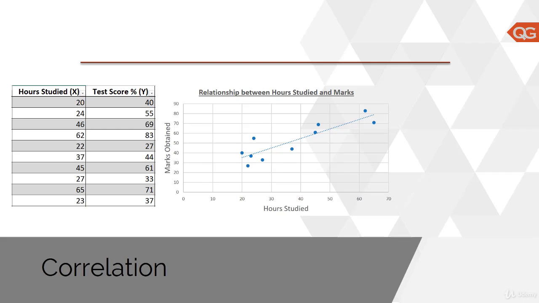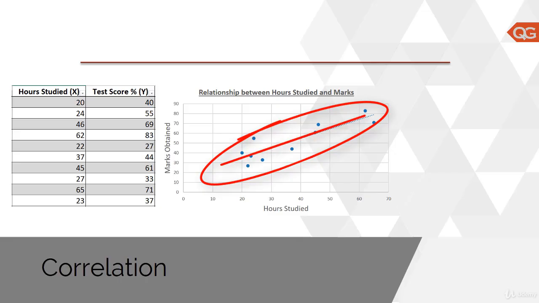Now I plot each of these 10 points on this scatter plot. Once I do that, I can generally see that there is a trend here: more hours studied leads to more marks obtained. And then I can roughly put a line here as well, which I have done with a dotted line. So this dotted line could be roughly the line which shows the relationship between these two variables.